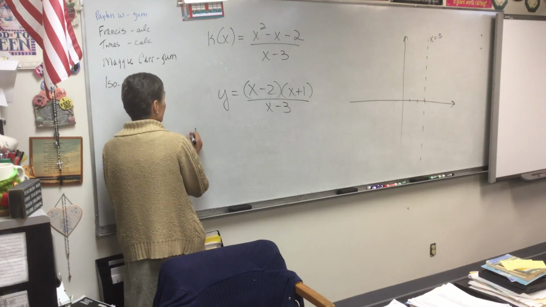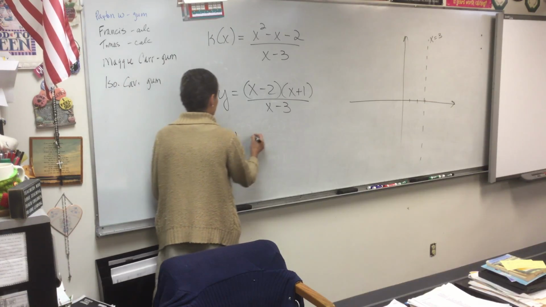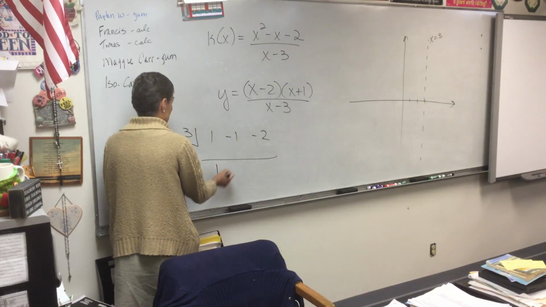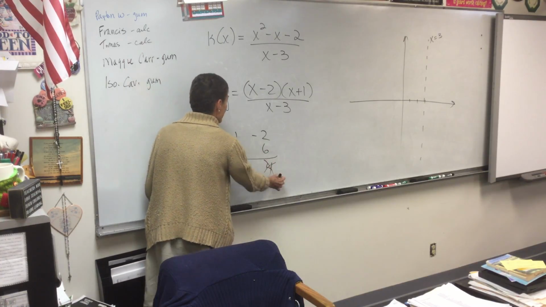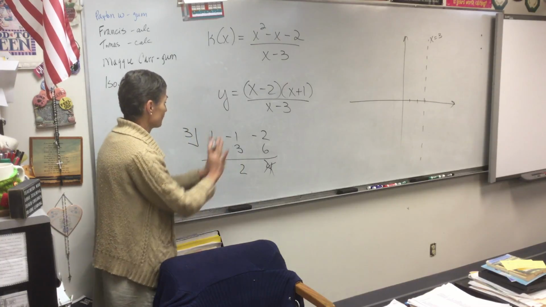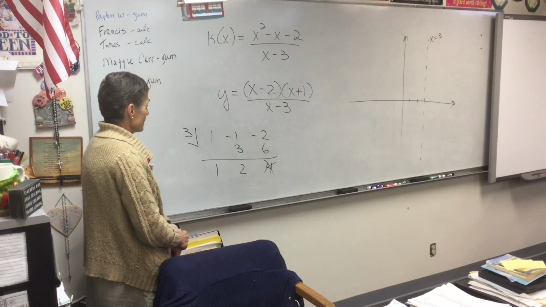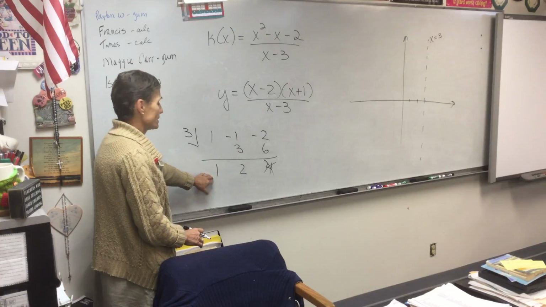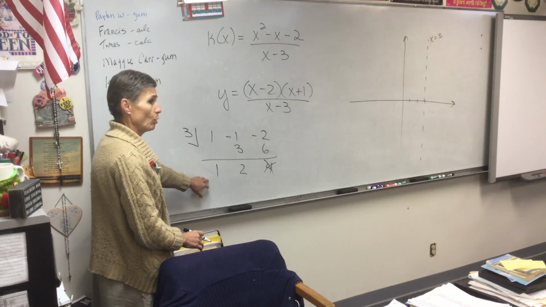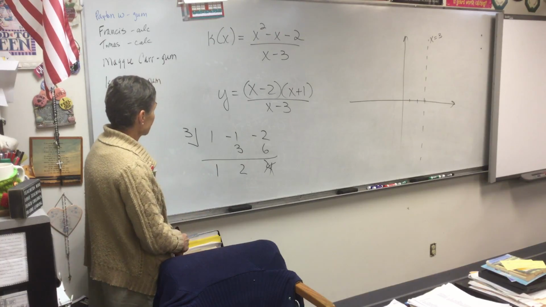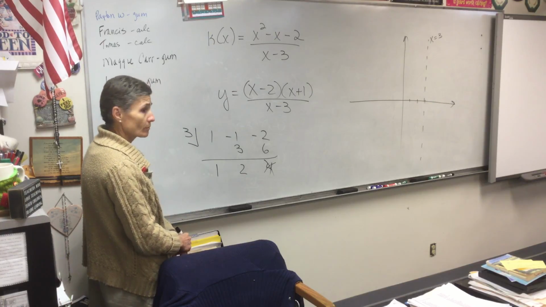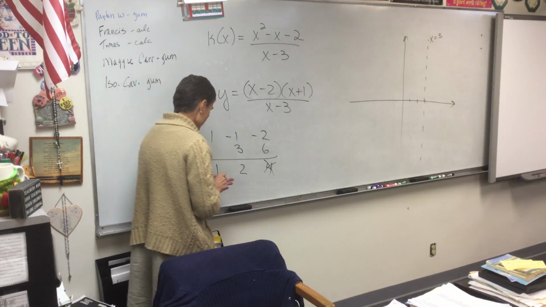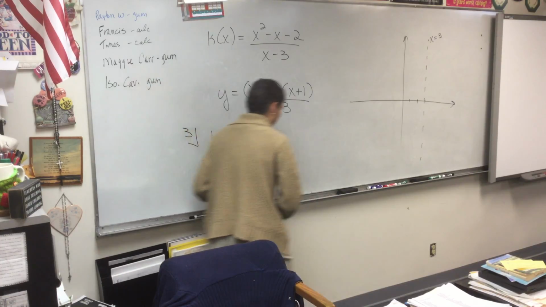We divide. So out here I'll put a 3. And here I go. And I'm not worried about a remainder. It's totally irrelevant. Forget it. I'm worried about what's left here, my quotient. So did I divide right? Okay. And what is my quotient?